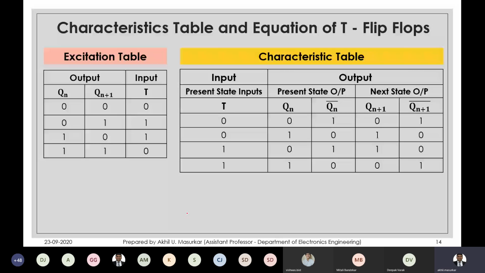You need to look at this and this. So 0, 0 is 0, 0, 1 is 1, 1, 0 is again 1, and 1, 1 is 0. So this is the excitation table of the T flip flop. Okay.